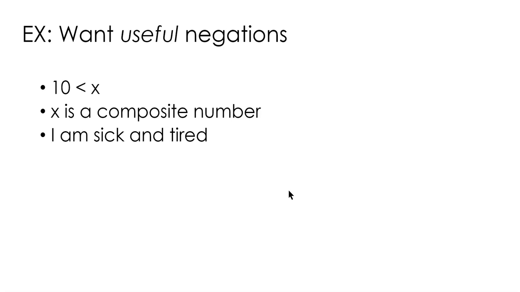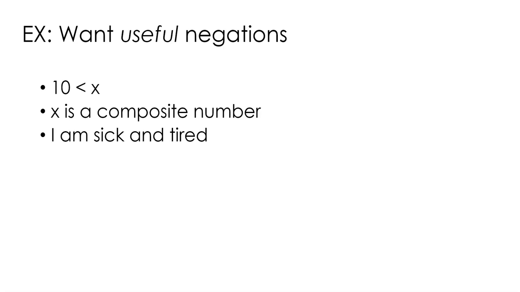Now this next sentence, you want to think about what would make this statement false. This says, I am sick and I am tired. For this to be false, that means one of those two statements has to be false. They don't both have to be false. You don't want to say, it is not true that I am sick and tired, because that's the same thing as just throwing a not in there.